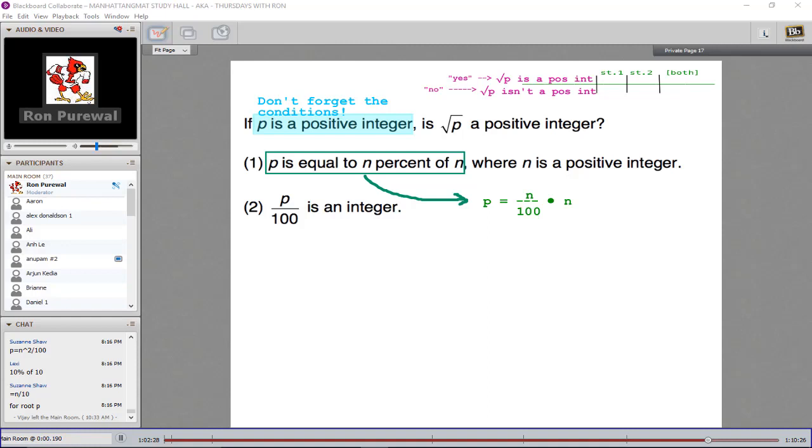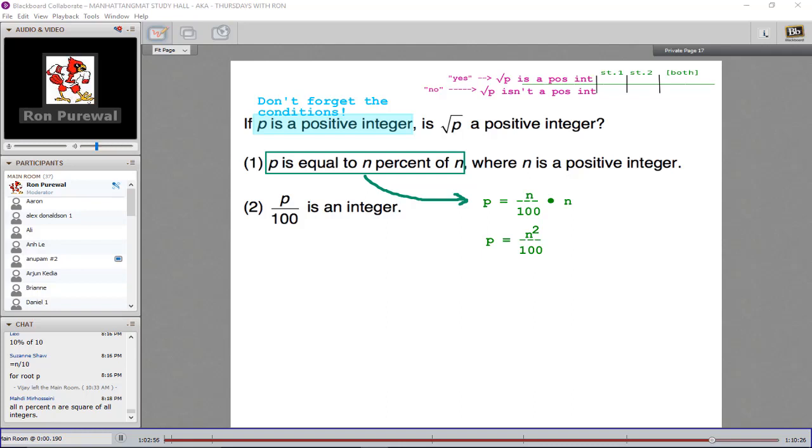So P is n squared over 100. And remember that this also has to be an integer, and so is n. N is an integer. Also, what is this really asking?